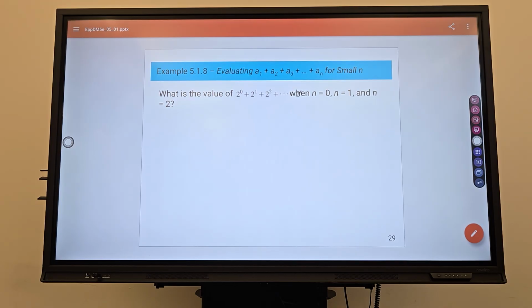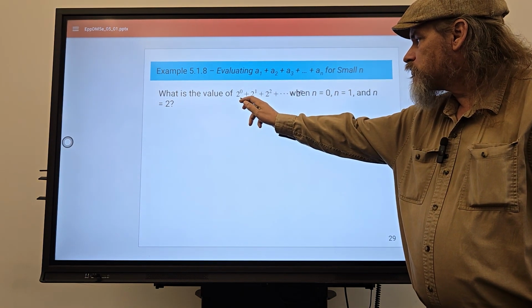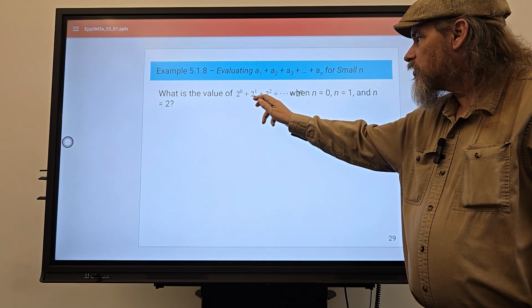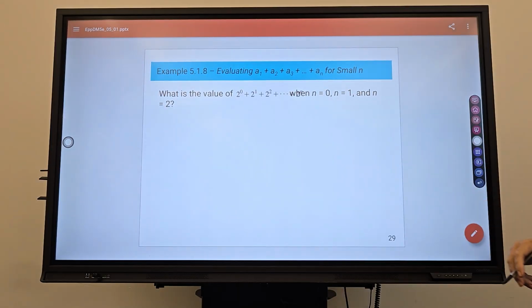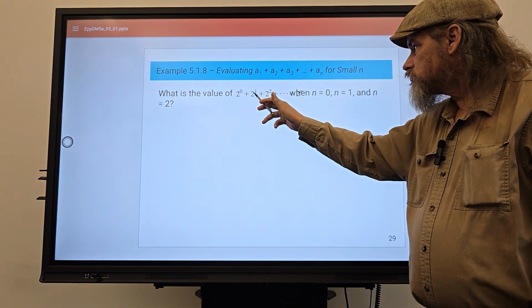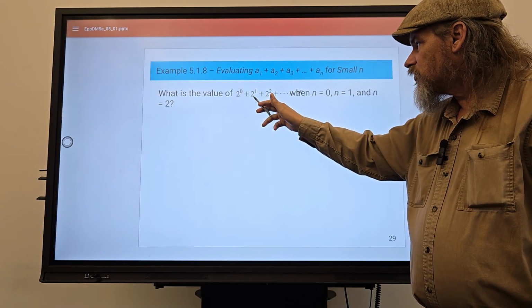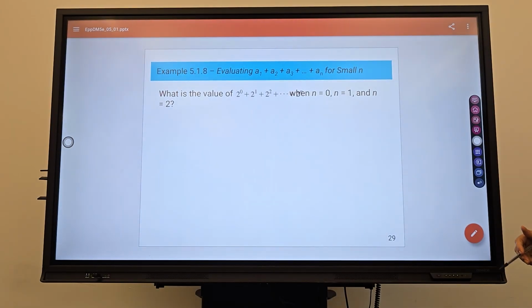For n equals 0 it's 1, for n equals 1 it's 3, and for n equals 2 it's 2 to the 0 plus 2 to the 1 plus 2 to the 2, which is 1 plus 2 plus 4, or 7.